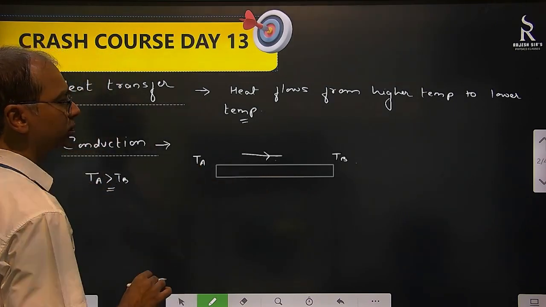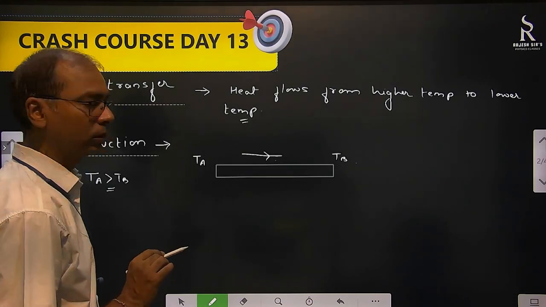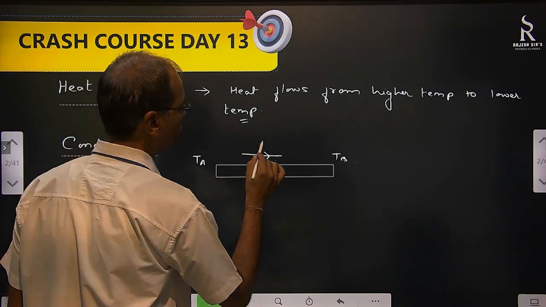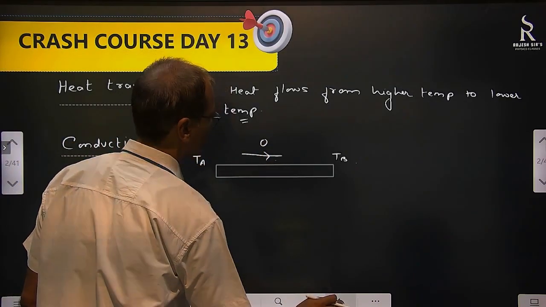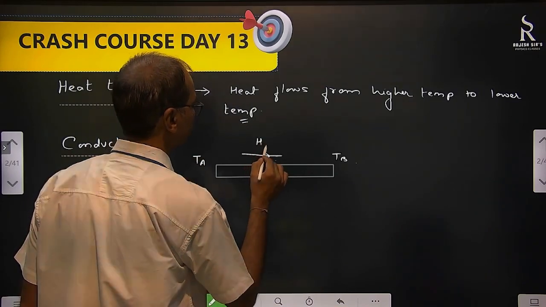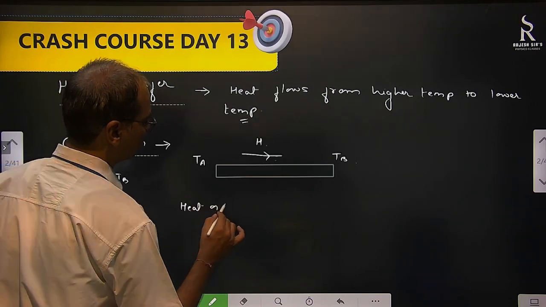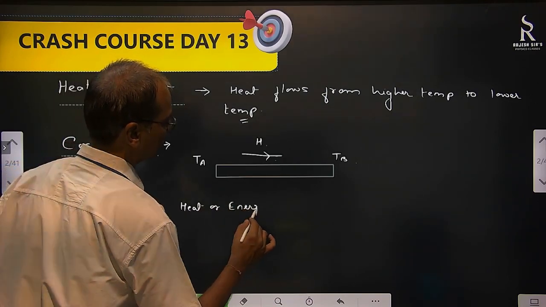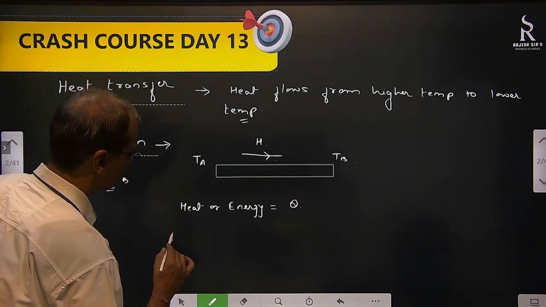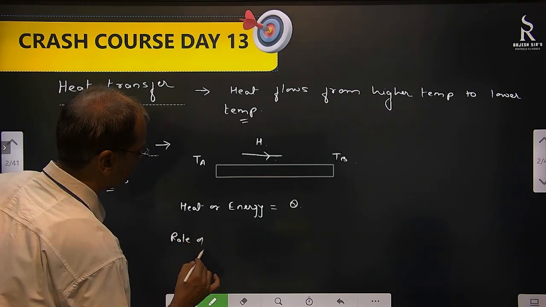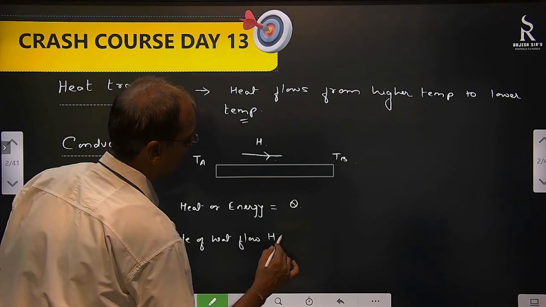Now this heat, if I am going to say flow of heat per unit time, and if heat or energy we represent with Q, then the rate of heat flow, or energy flow, we will represent with H, and what is that?